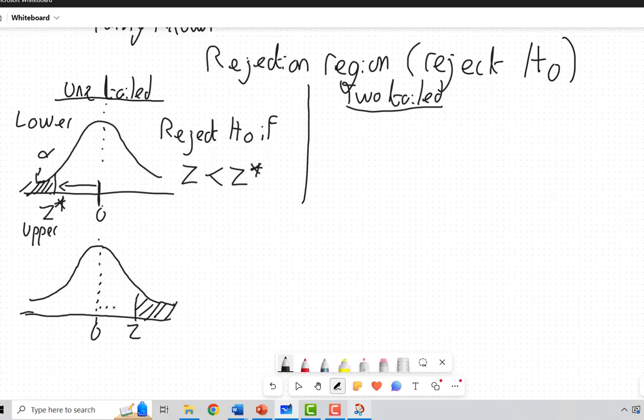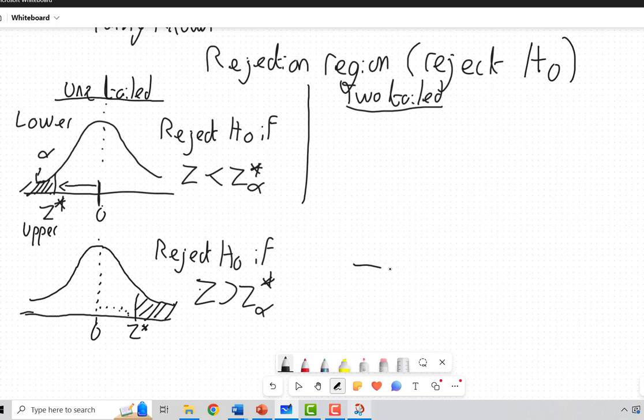We're trying to gather more evidence until we hit this point, and we're going to reject H0 if z is greater than z star. What we usually do is call this z star alpha. So it's basically greater than z alpha. Again, this is the type 1 error.